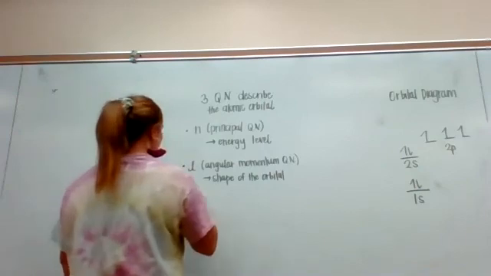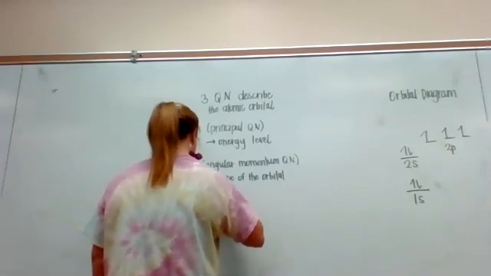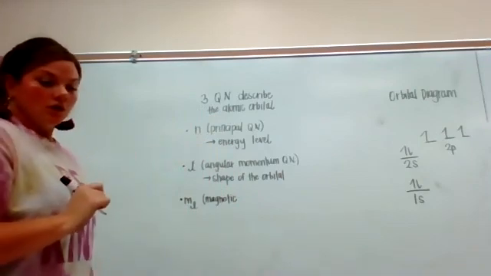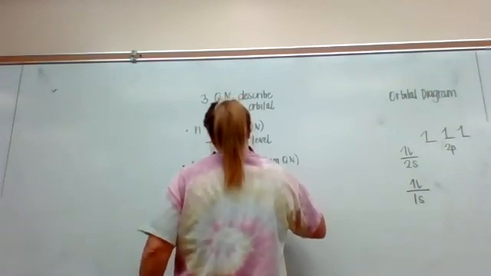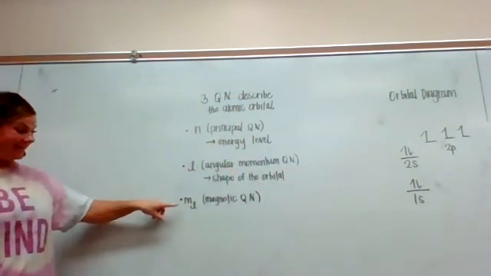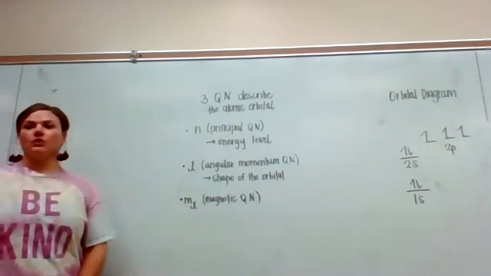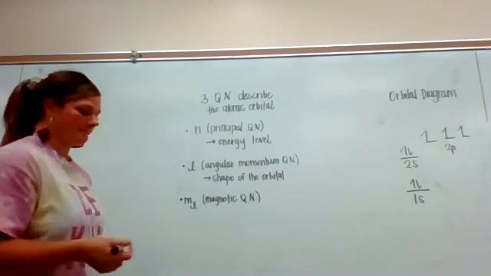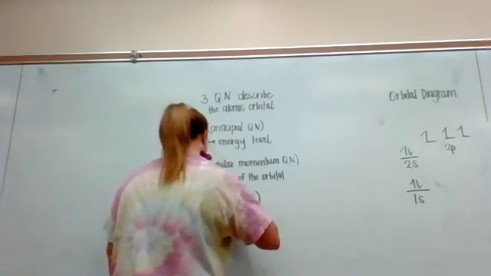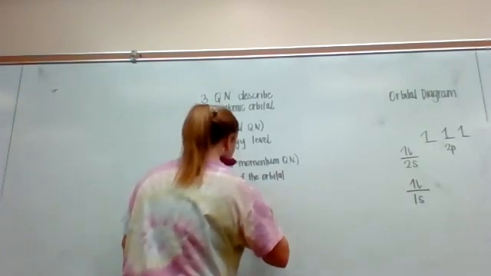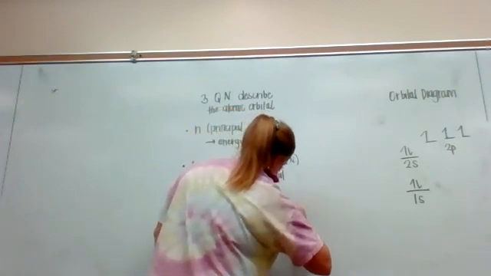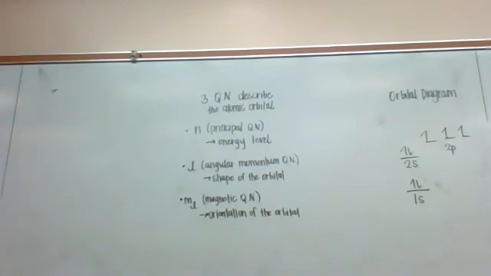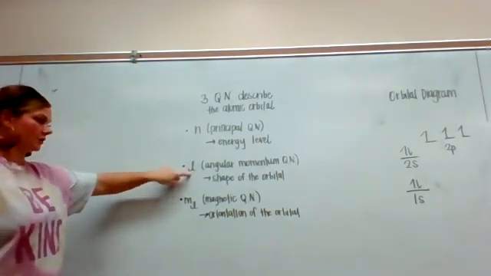Then the last quantum number that describes the atomic orbital is the magnetic quantum number, and it's represented by the letter M with a subscript L. So M sub L is how you would say that, M sub L. The reason it's M sub L is it's describing your L quantum number, okay?